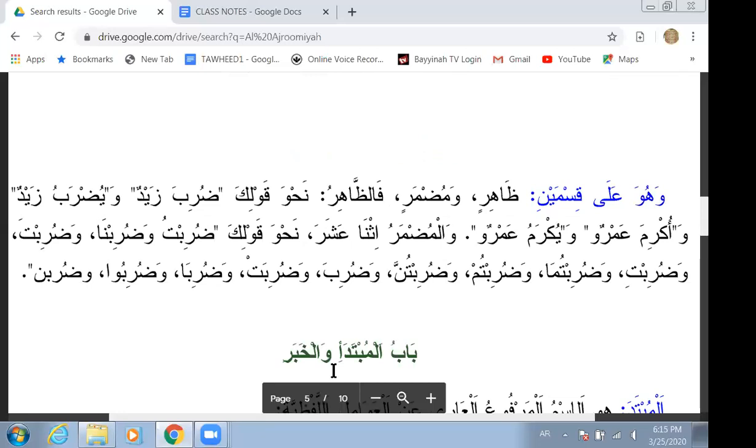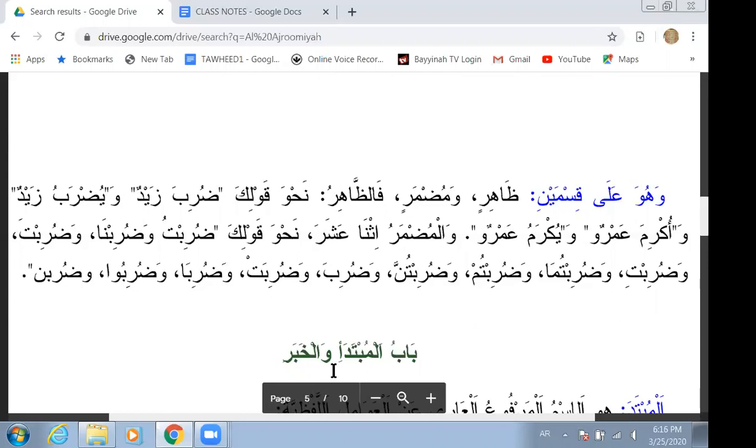وهو قسمين, and it has two types. ظاهر ومضمر. Again the same two types, the apparent and the one with the zamir. فالظاهر نحو قولك. As for the zahir or the apparent naibul fa'il, like you will say, ضرب زيد.